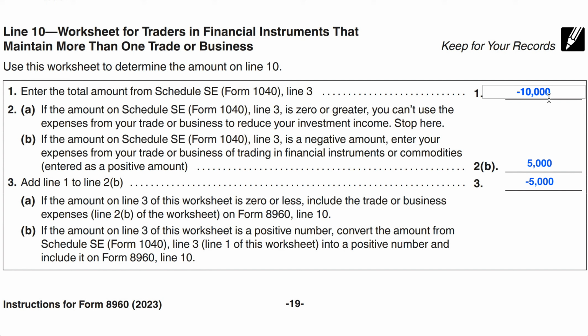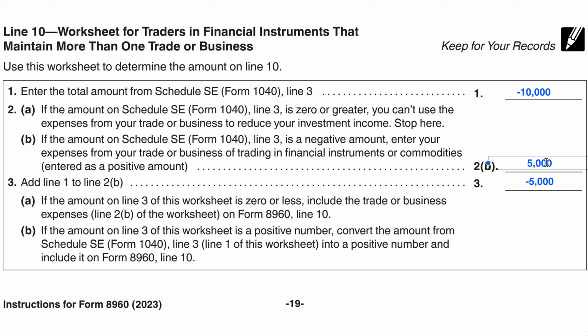This is because we can't report a 0 or a greater number; this reflects the net loss. The number that should be reported as a positive number is your expenses from your trade or business of trading in financial instruments or commodities. So let's say that we incurred $5,000 of those expenses.